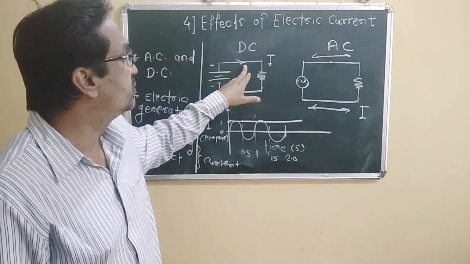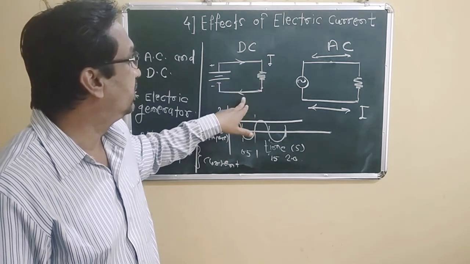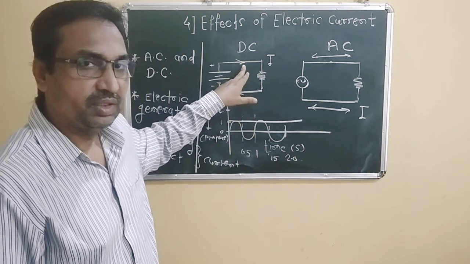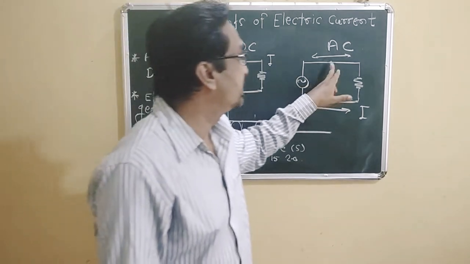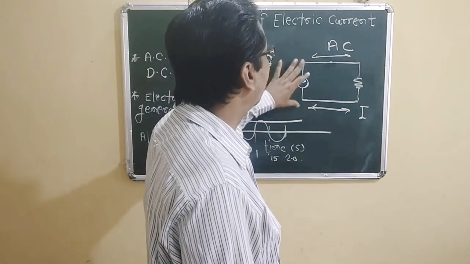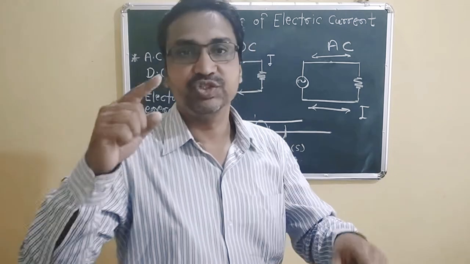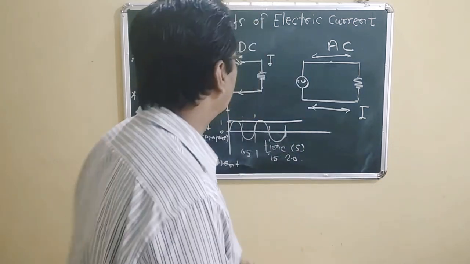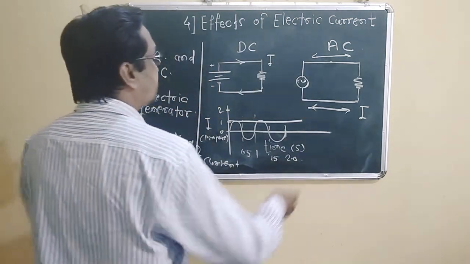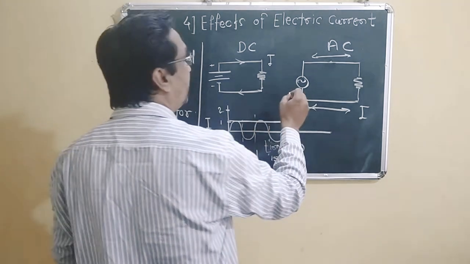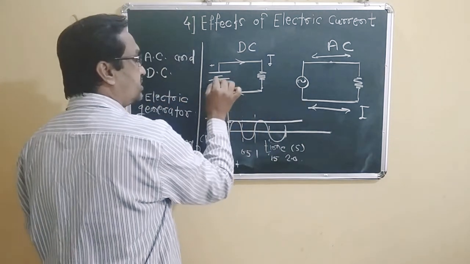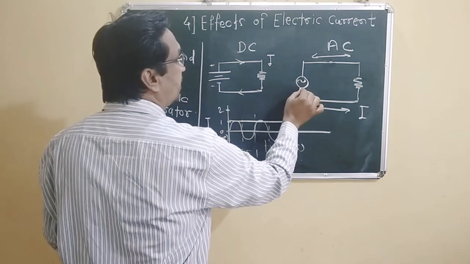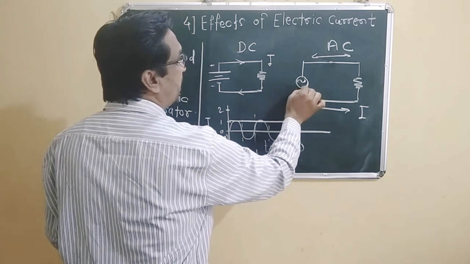The direction is unique. Here we can see the direction of the alternating current is fluctuating.